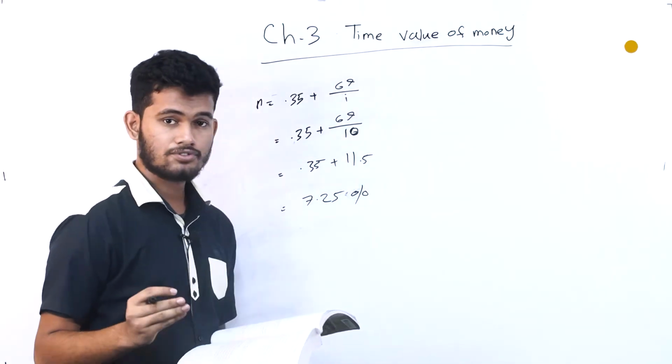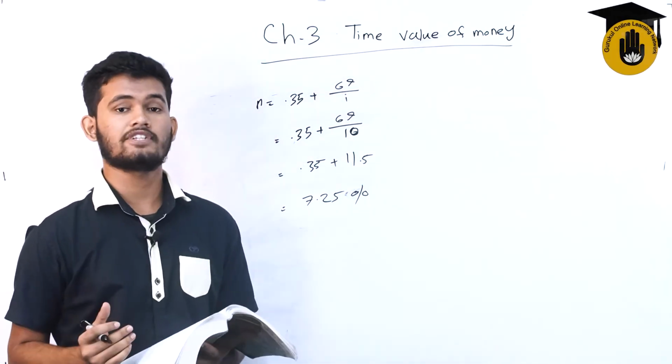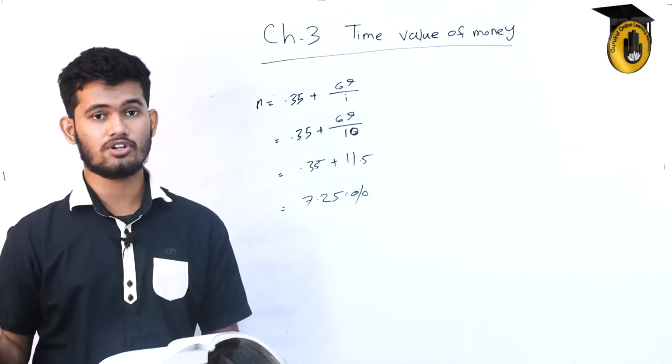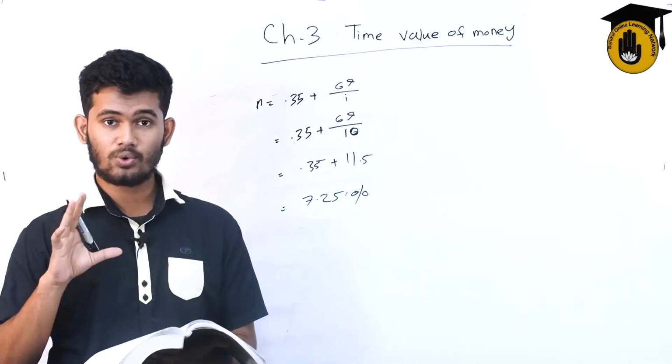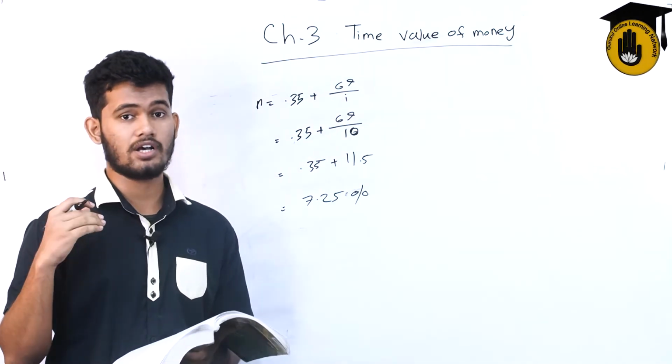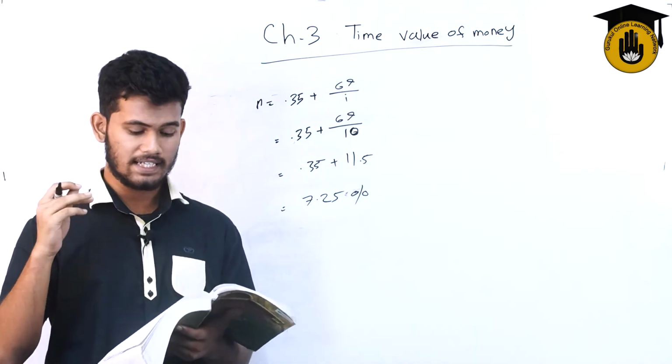So finally, if you do the calculation of that rule, it will come down to a similar 7.25%, or 7.2%, or just 7% annual interest rate. Within the interest rate of 7.2%, BDT 1 lakh will be doubled in 10 years.